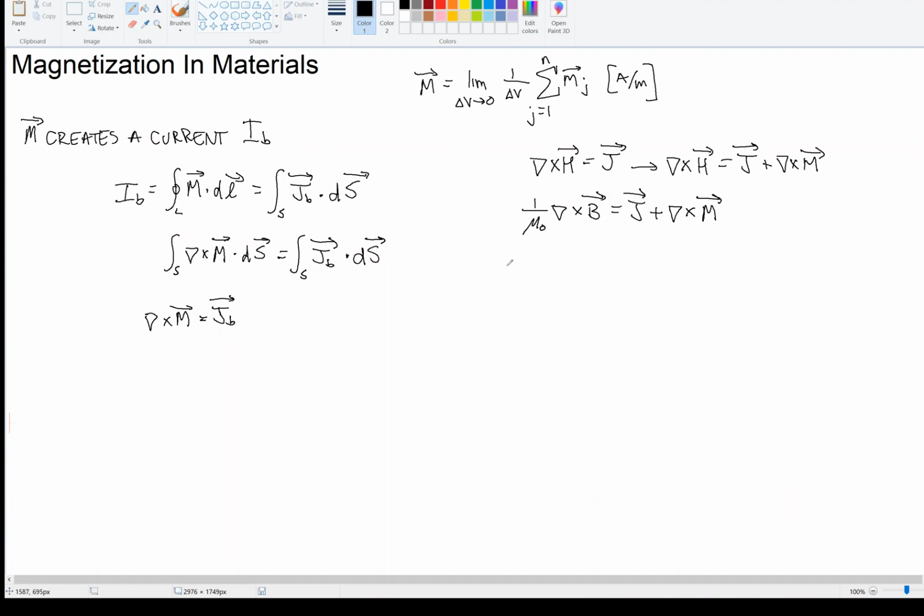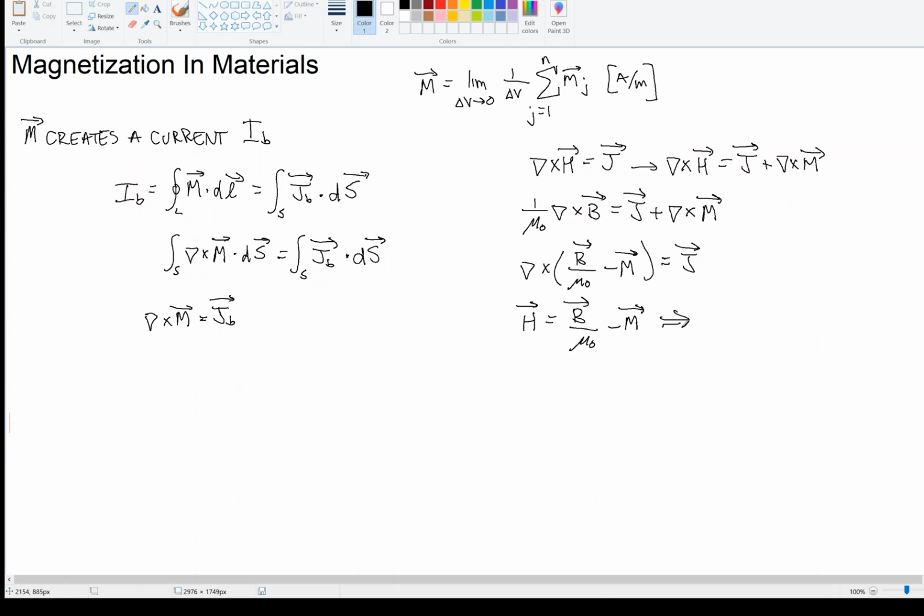Okay, and then this implies, if I regroup this and take the curl out, then I've got B over the permeability of free space minus the magnetization equals the current density. And so now I can bring back H like this, right?